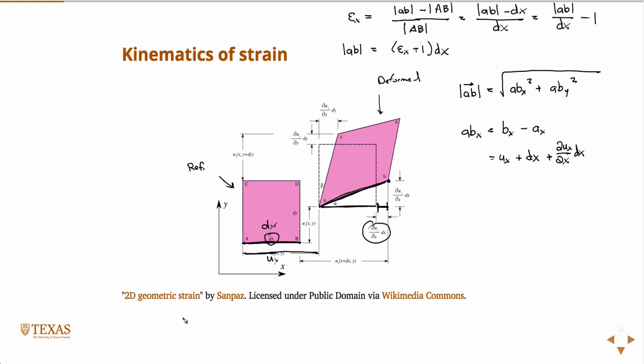And then the point A of x is just this distance here, so it's minus ux. So then the u's cancel, and we're just left with this right there.